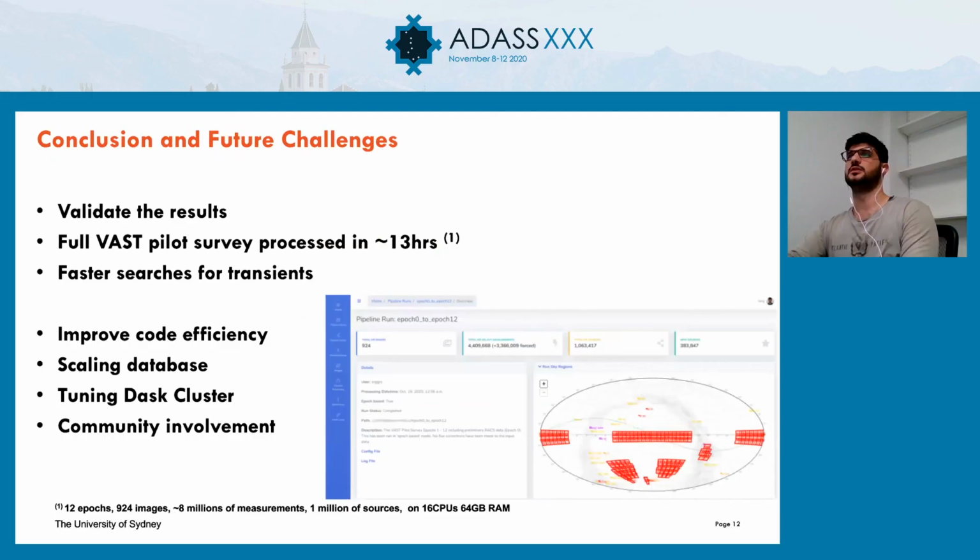Another question from Robert Nikutta: how quickly do you need to run the pipeline, and how many associations do you perform, for example per night? Well, I don't really know, because the ASKAP telescope is still in its pilot survey. That survey was 900 images, and they didn't come every day.